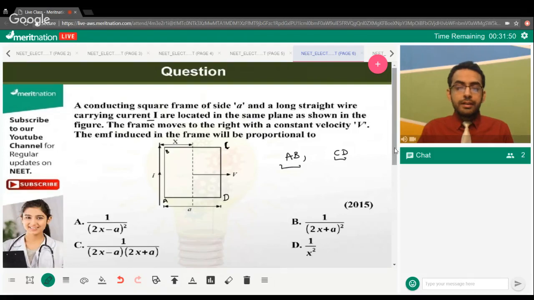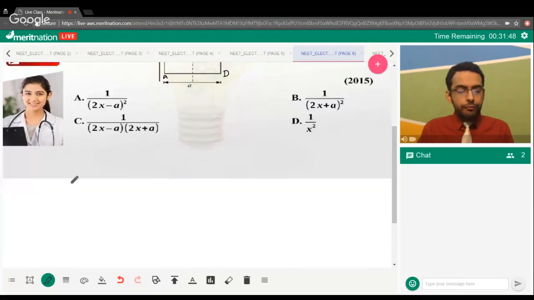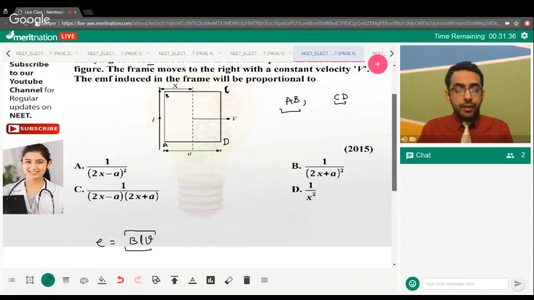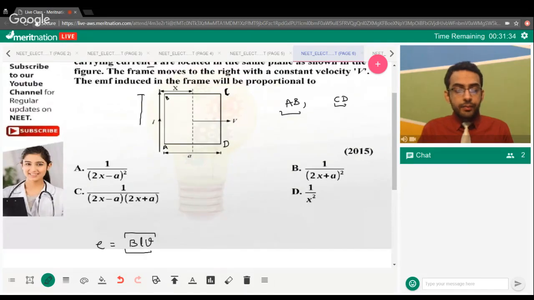How can we find that? Simply, we know the formula E is given as BLV, right? Here L is the length of the side, that's A, and the velocity is V.